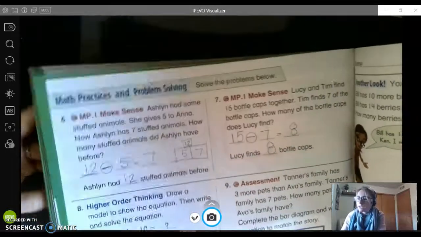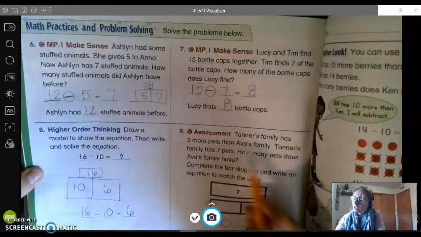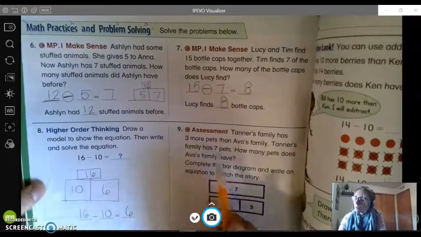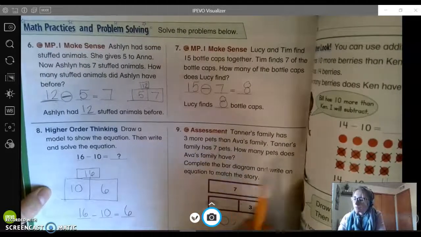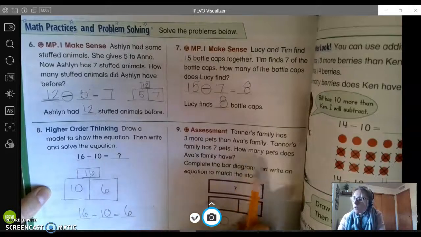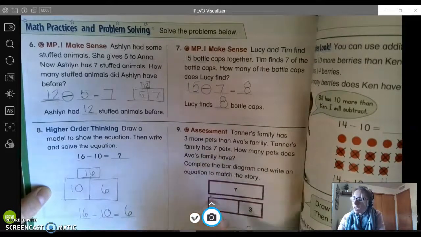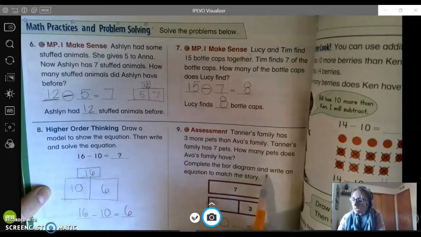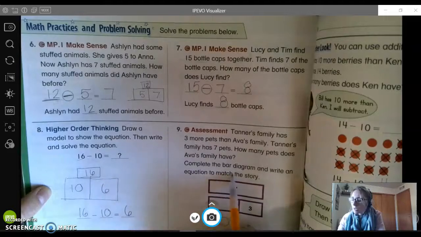So for this next one, Tanner's family has 3 more pets than Ava's family. Tanner's family has 7 pets. How many pets does Ava's family have? Complete the bar diagram and write an equation to match the story.